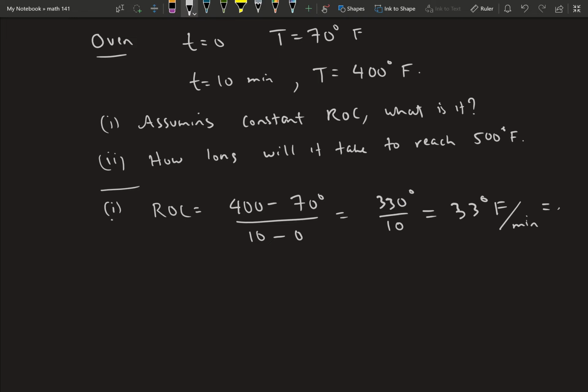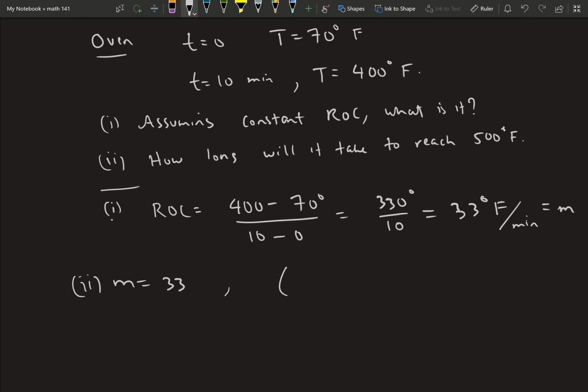And that's also going to be essentially the slope of the line that we're going to use to model this equation. So for part 2, we have a slope which is 33 degrees per minute.